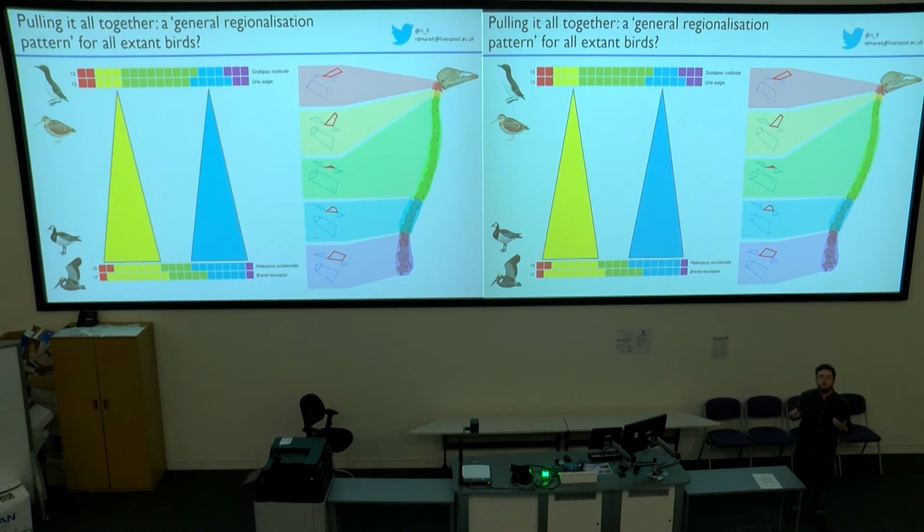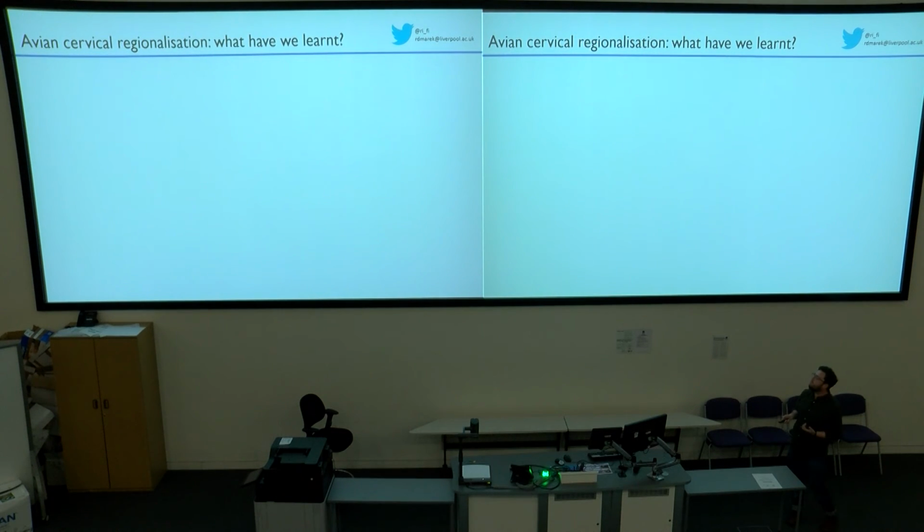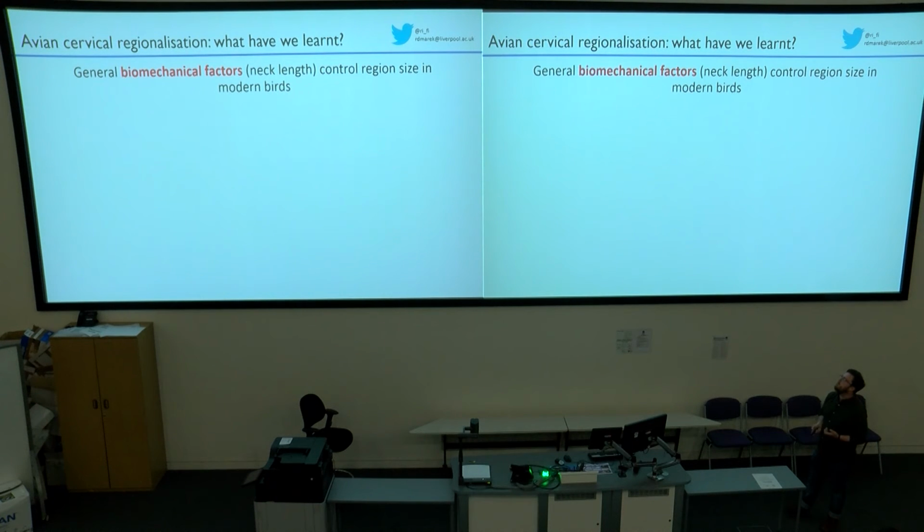So you're getting more of these support muscles along the neck. So it biomechanically makes sense why you see this general pattern and why you're not really adapting to different flight styles or diets, because it's more about adapting to a longer neck. So I think that general biomechanical factors are really controlling region size in modern birds.